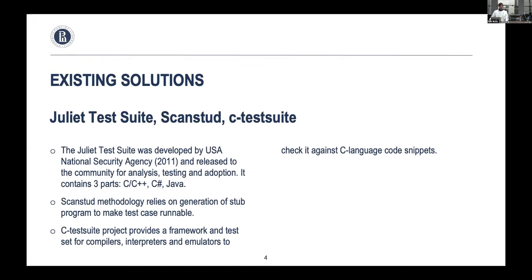It contains three parts for C, C++, C#, and Java languages. Each part consists of some test cases with source code and some additional information, like comments where an error in this case happens.